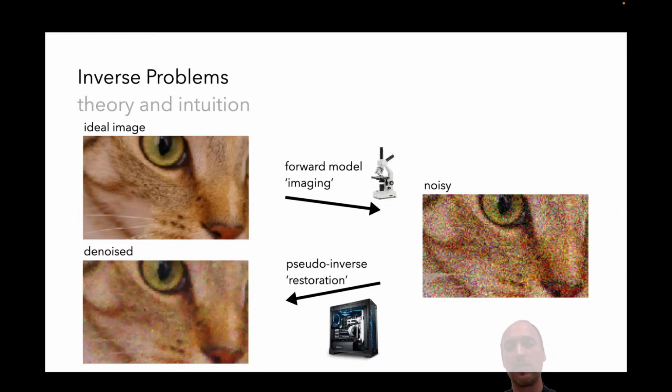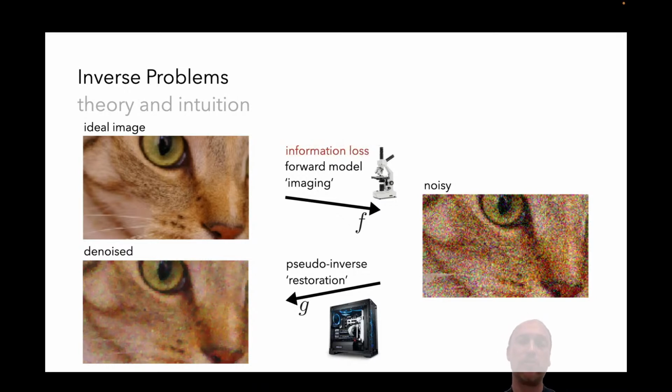And so for that, we need algorithms running on computers to basically pseudo-invert that and then get to that ideal image. And in the rest of the presentation, I typically use F to denote the forward model, so the imaging process itself, and G, the function for the pseudo-inverse, which does the restoration, right?